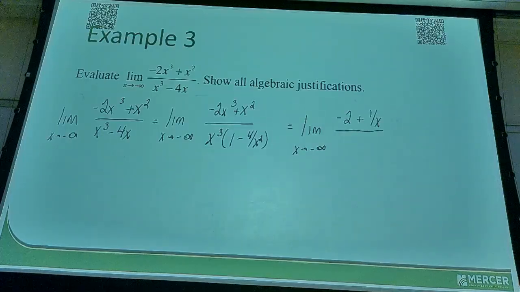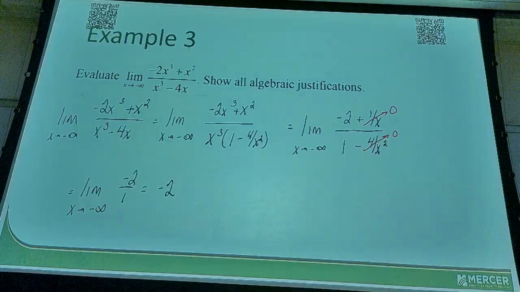So divide each term in the numerator by x cubed. Notice, using limit laws, we can just say those terms are going to go to 0. If you apply the limit laws just to those, you can be left with the limit as x approaches minus infinity of -2/1, which is just negative 2.